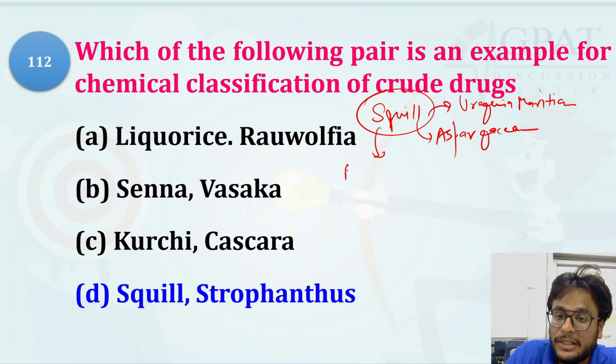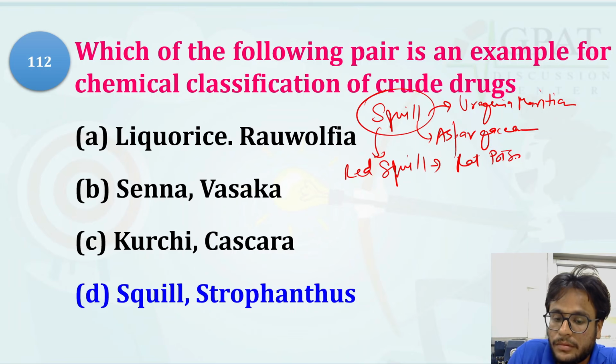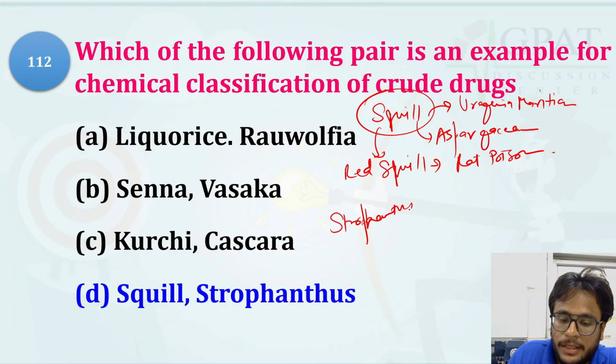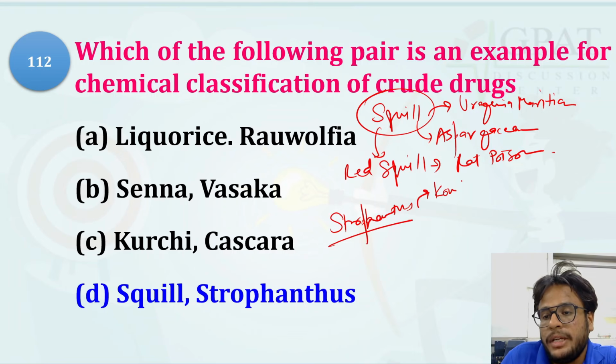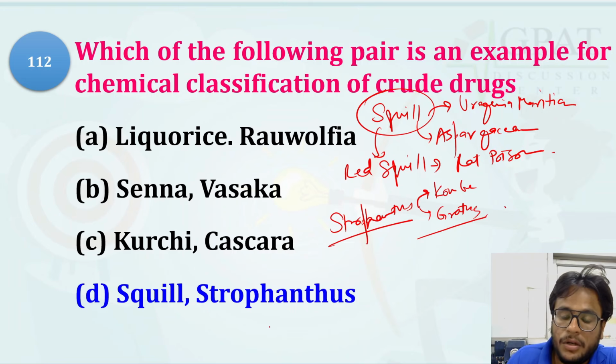The red squill is also known as rodent poison, mouse poison or rat poison. Strophanthus is mainly obtained from two varieties, Strophanthus kombe and Strophanthus gratus, and belongs to the family Apocynaceae.